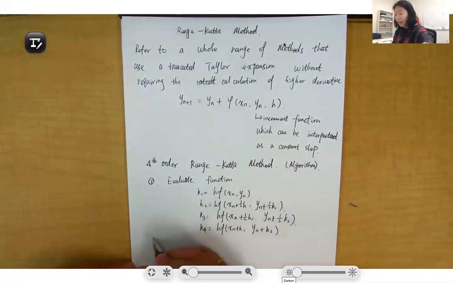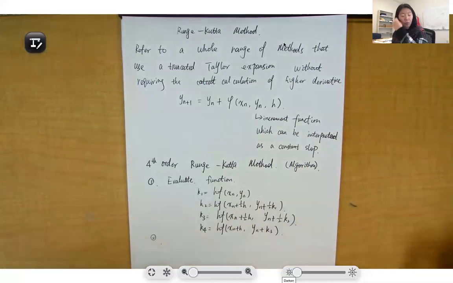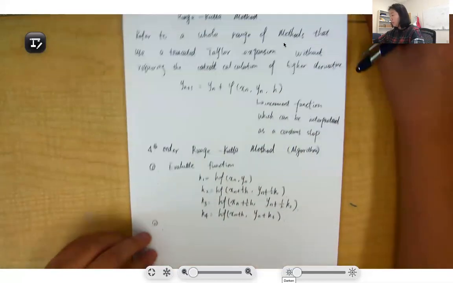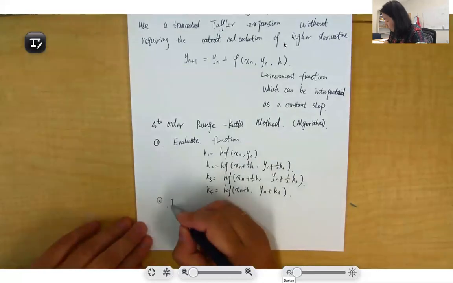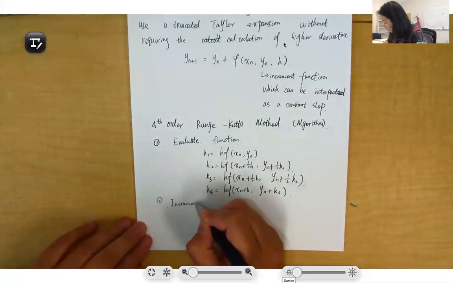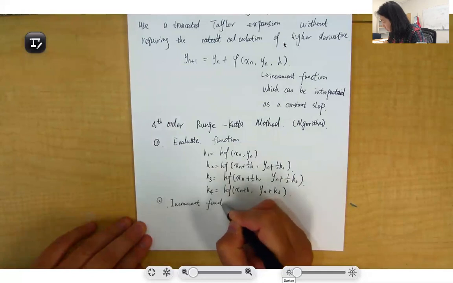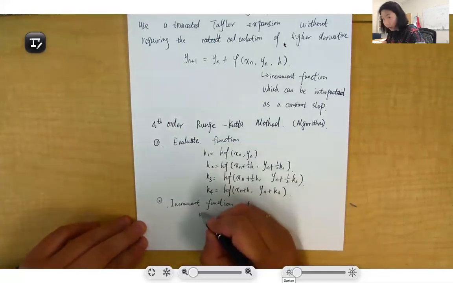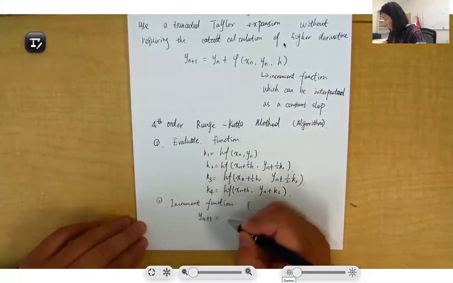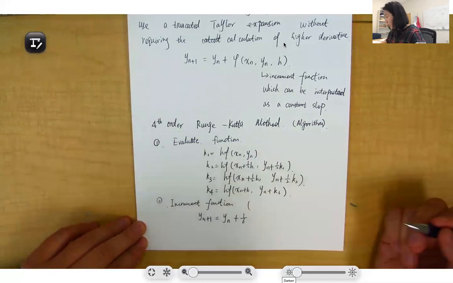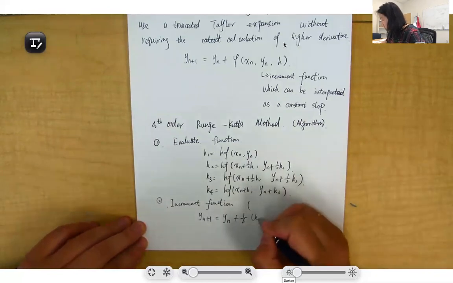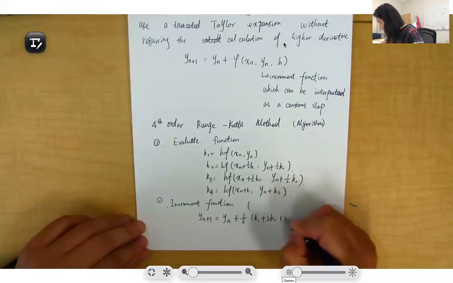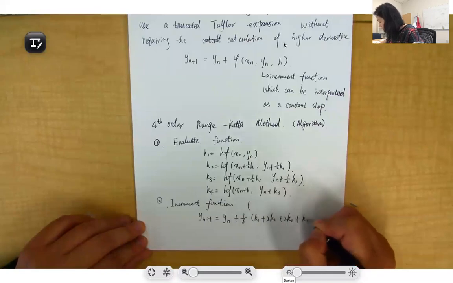Then the second step, we will evaluate our increment function. So y_{n+1} will be equal to y_n plus 1/6 (K1 plus 2 K2 plus 2 K3 plus K4).